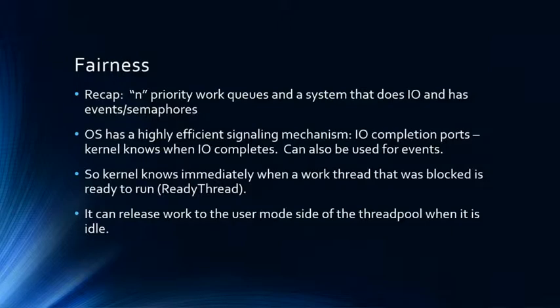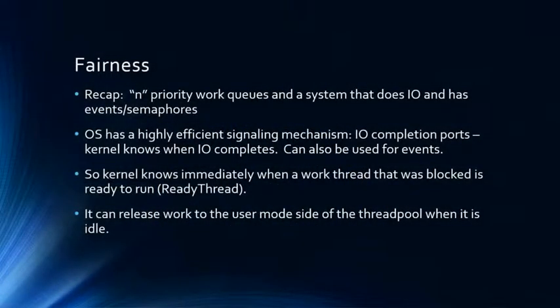We know when an I/O has completed, and we also use that for knowing when an event will resolve. The kernel immediately knows when something's ready to run and can release it. When it's ready to run, we call that a ready thread. When the thread actually runs, we call that a C switch. It context switches in, and then the thread runs.